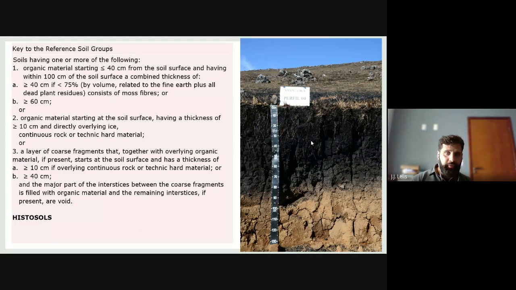So the histosols are those horizons and layers that are organic and very thick. Even if we find below these organic horizons some mineral horizons like an A or B or C horizon, it doesn't matter, because I found at the surface or very close to the surface a thick organic horizon.